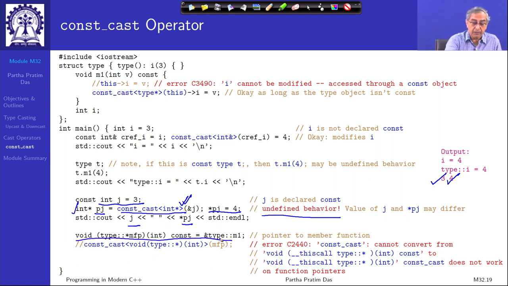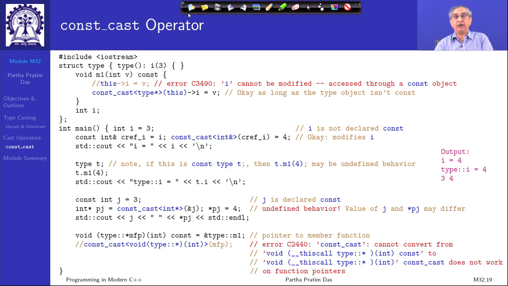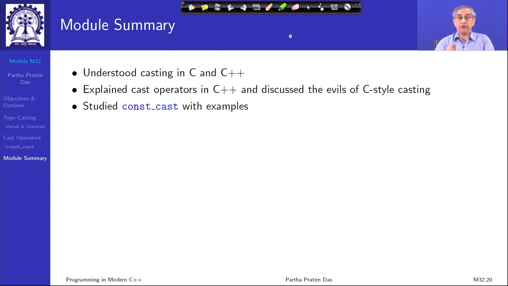Here is one more example with function pointer. You can see that even with casting, const cast, you cannot change a constant member function to a non-constant member function, simply because const cast is not allowed to work on the function pointers. Right? So, these were the basic high points about the const cast.